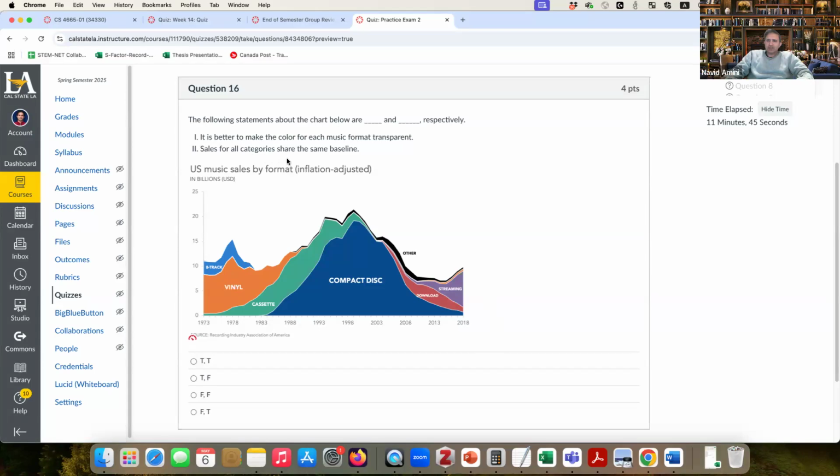Sales of all categories share the same baseline. That's a false too, right? Are we good? So you agree with me this is false, false?